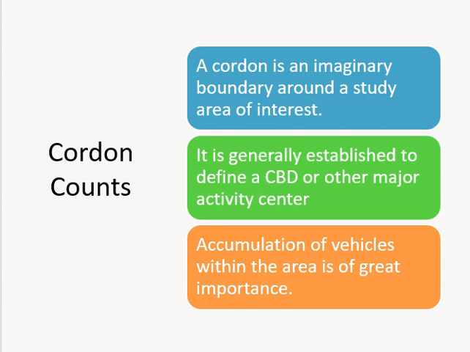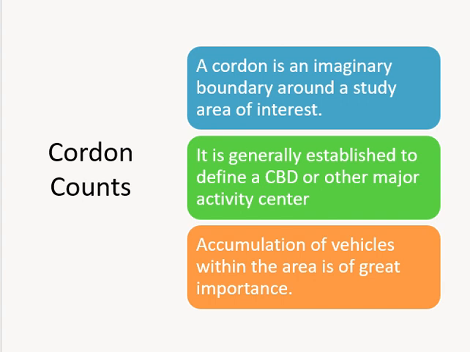What is the purpose of cordon count? We want to know how many vehicles at a time are inside the area. The total number of vehicles which are inside the area at a particular time. This is the aim of doing cordon counts.